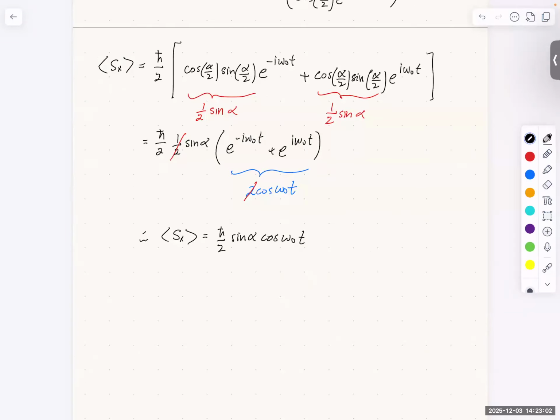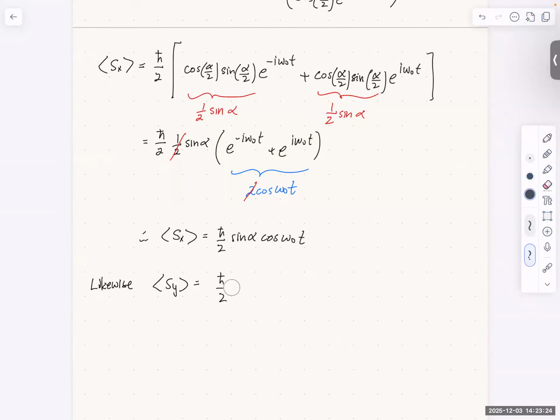If you did the exact same thing for the y and z components, you would find that the Sy expectation value is going to be h bar over 2. You could probably guess what's going to happen. We're going to get a cosine.